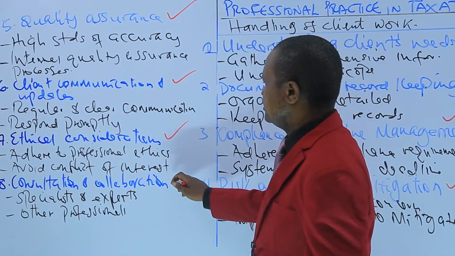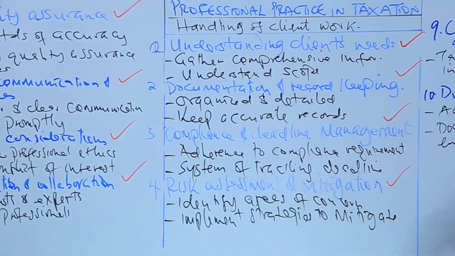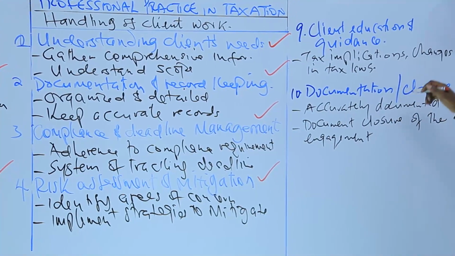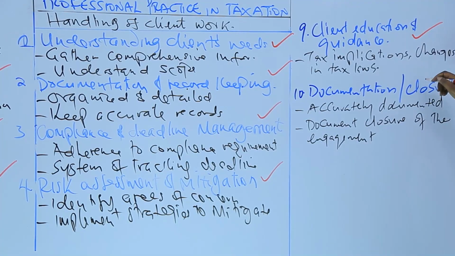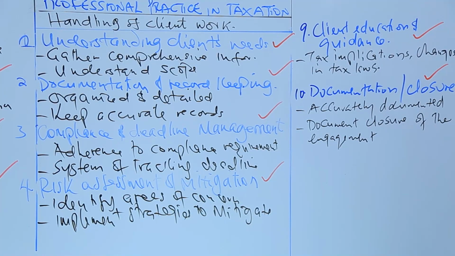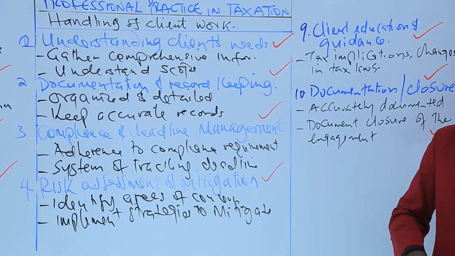Number 8, consultation and collaboration. Number 9, when handling clients' work, make sure you educate the client and give guidance on tax implications, changes in laws, and so on. Then lastly, you are required to accurately document the client's work and also document closure of the engagement. Thank you for attending the lesson.